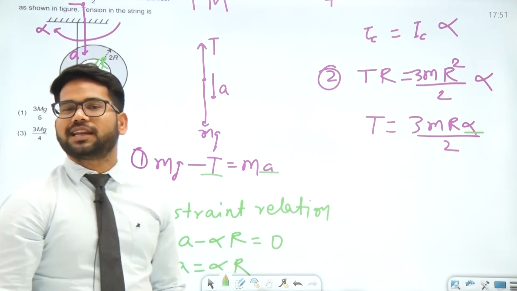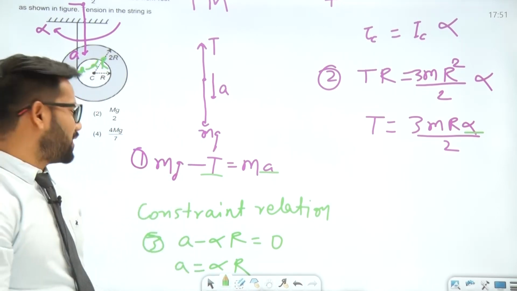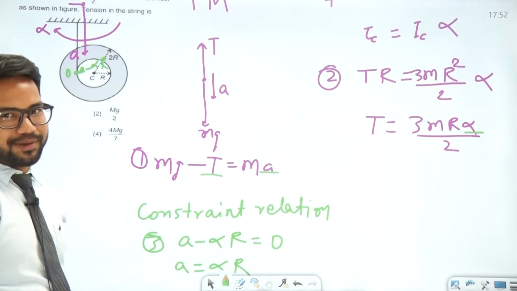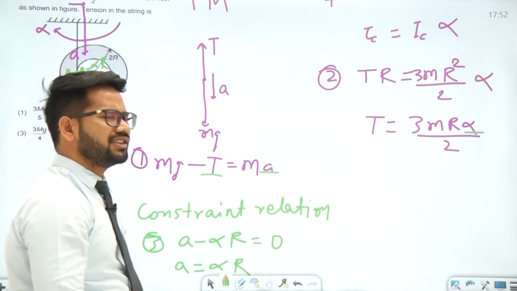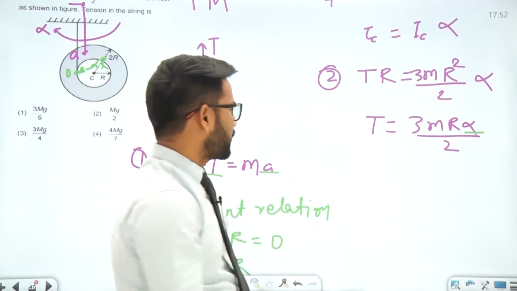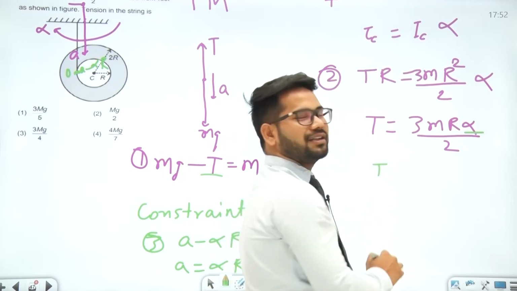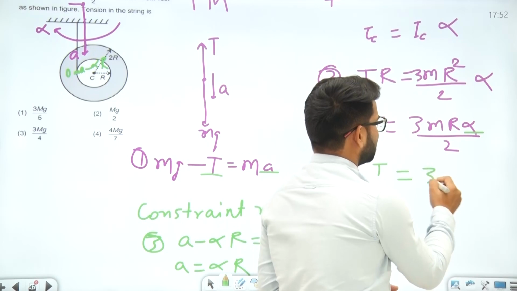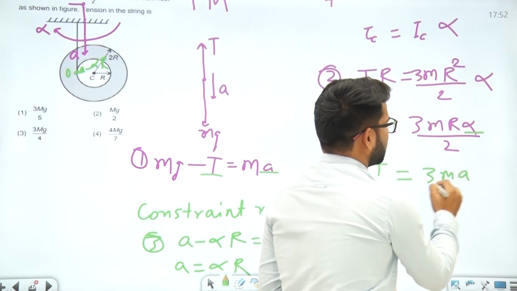You have to always write the constraint relation. You cannot directly write a equals alpha r. Maybe here we got a equals alpha r, but in another situation you can get different values, different relation, okay? So always prefer to write the constraint relation. So T equals, we can put it here, 3ma over 2.